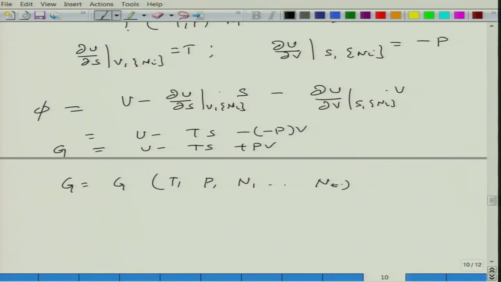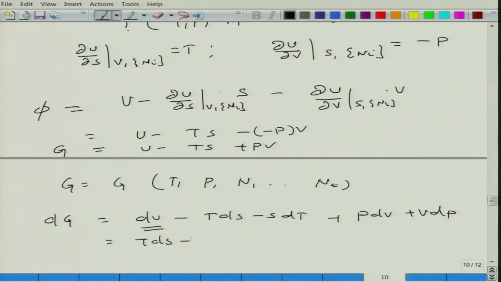If you take the derivative of this, that is going to be dG is equal to dU minus T dS minus S dT plus P dV plus V dP. You can expand this or replace dU by its own expression, T dS minus P dV plus summation mu_i dn_i.